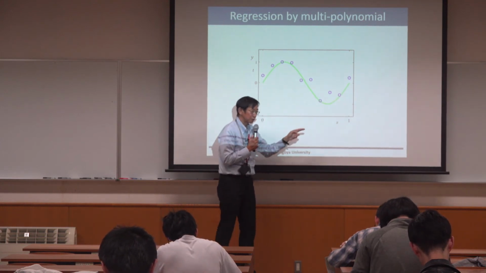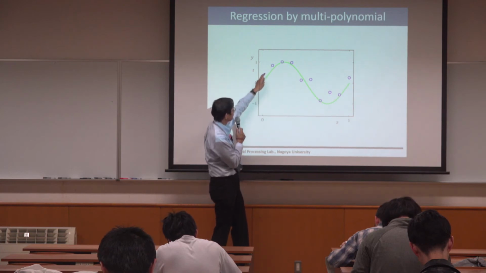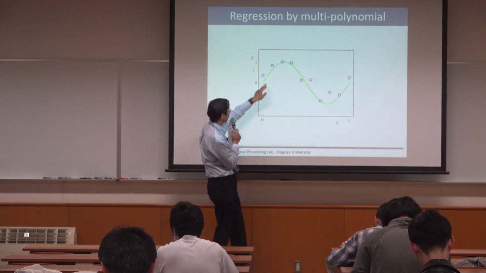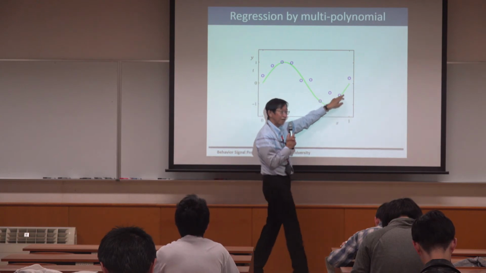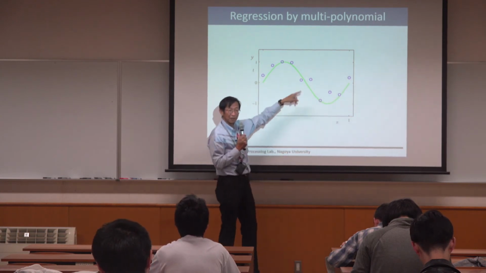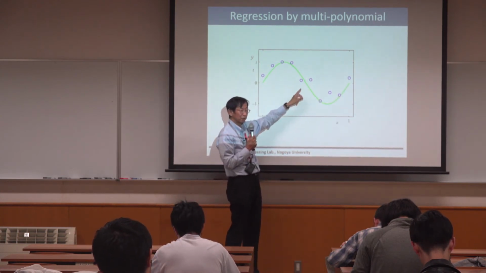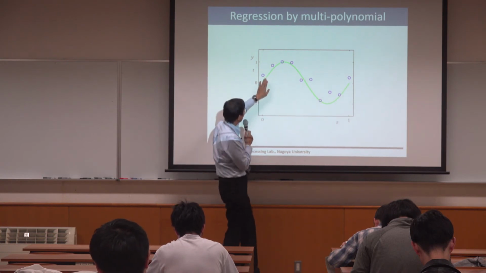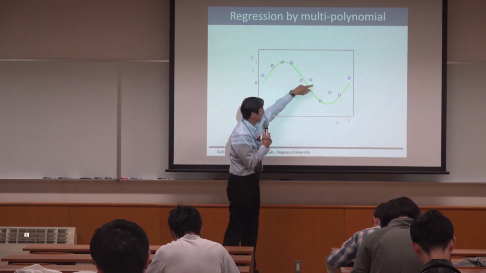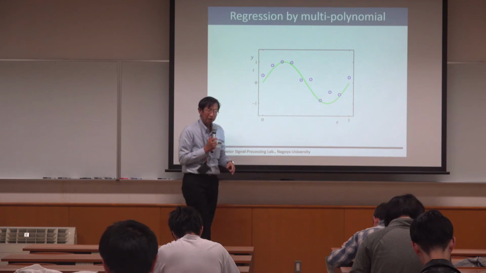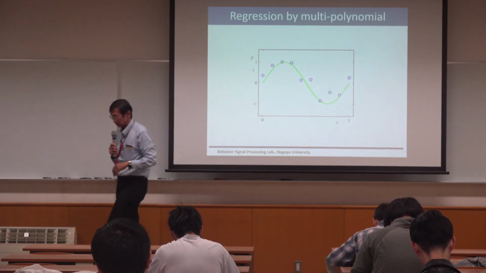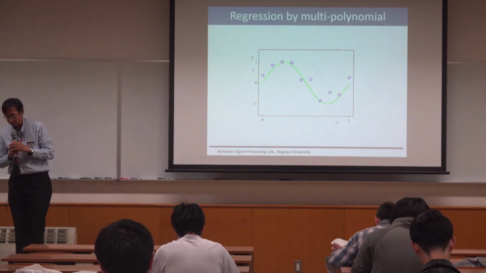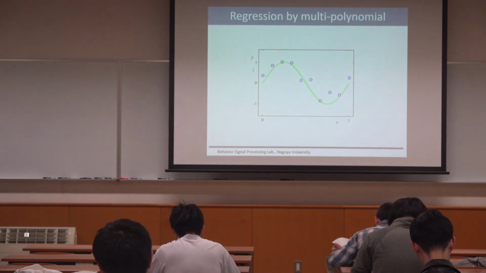If the observation is perfect, then all these 10 points should be exactly on this yellow line or green line. But because of the real world data error, we do have such an error in our observation.